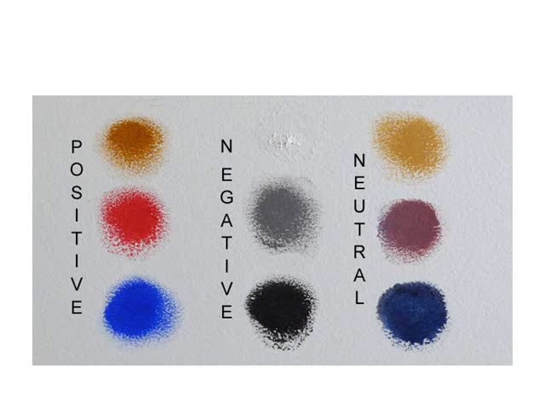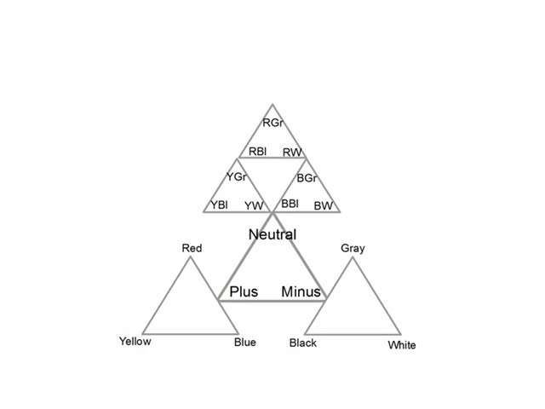While there are 5 colored types, they are derived from a triad. We have positive colors made from hues, negative colors made from black, white, or gray, and their offspring, the neutral colors made from hues mixed with either black, white, or gray. If we diagram the triads involved, it looks like this.